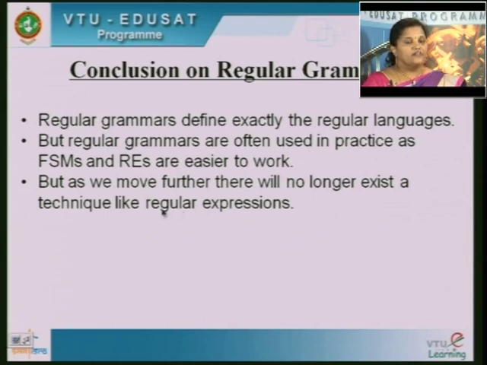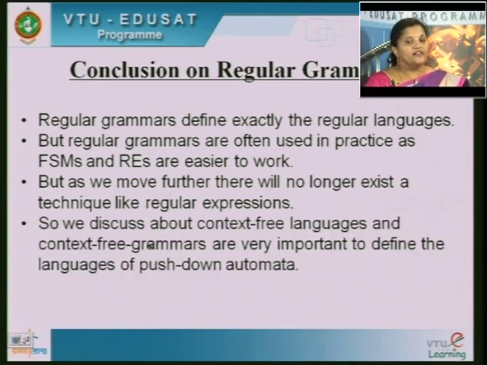Further, as we move on, we will be moving to another type, that is the context free languages. Context free languages are designed to be accepted by pushdown automata. Pushdown automata are a special kind of finite state machine with a stack.